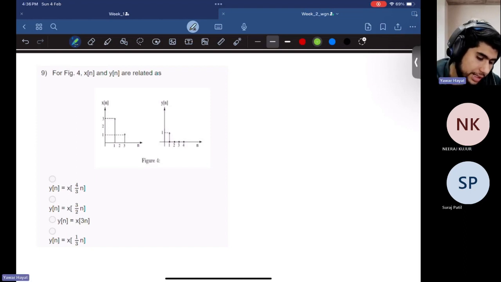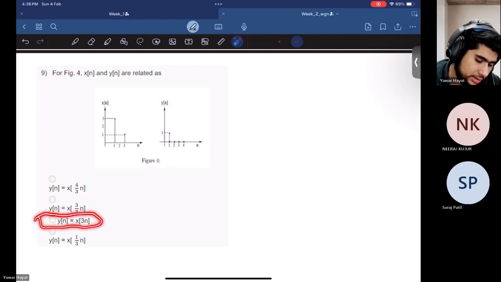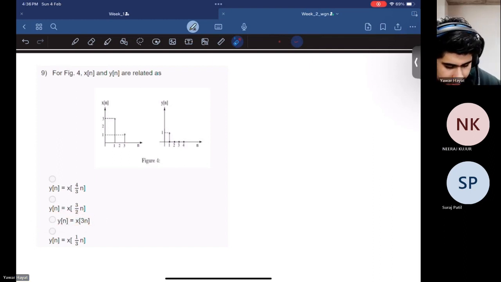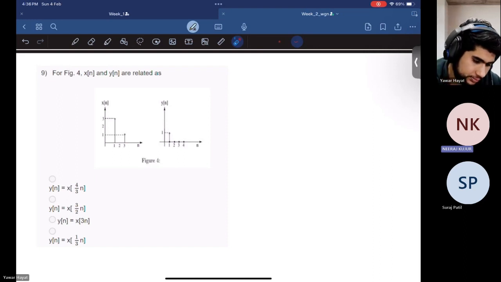That is the correct answer. Can you explain how you came about to that answer? Hmm, so there are some loss of sample points, sir, which indicates that there is scaling. Agreed. So then we try to match the value. The value of y of n plus 1 at 1 is equal to the value of x at 3n.